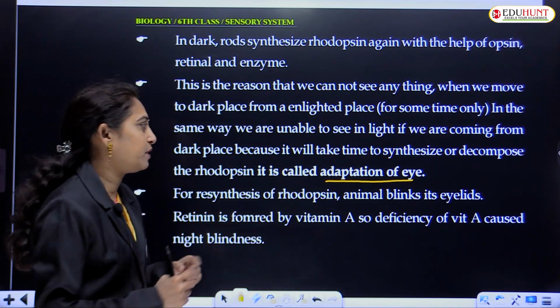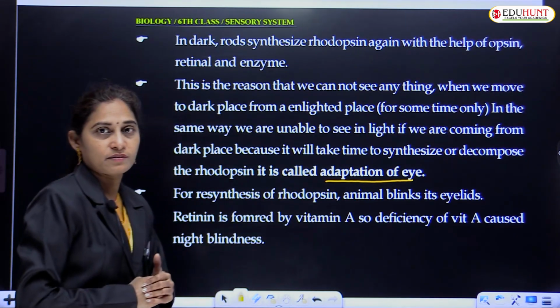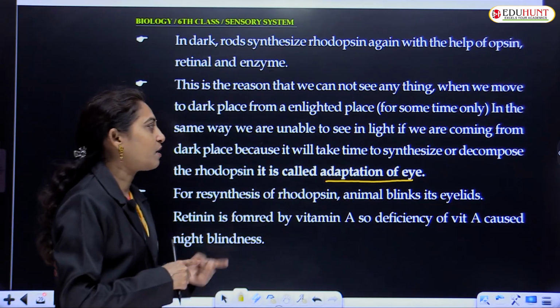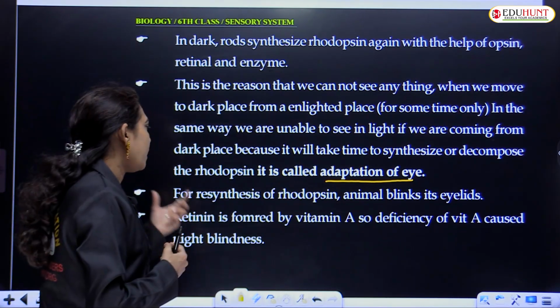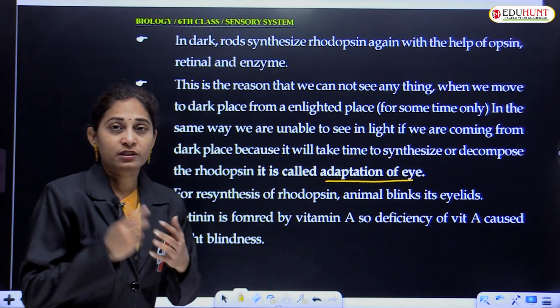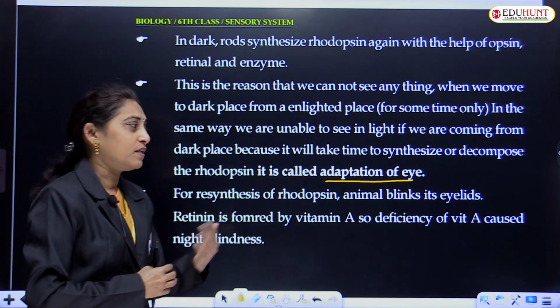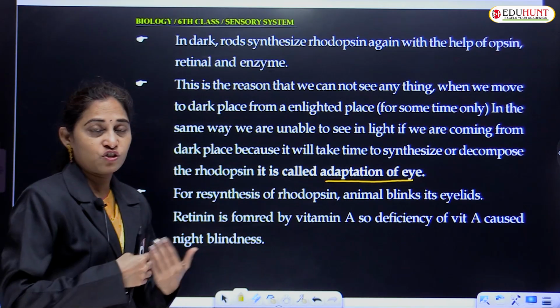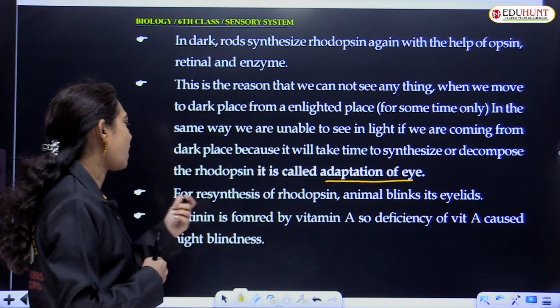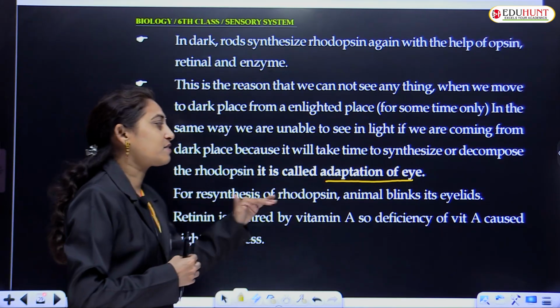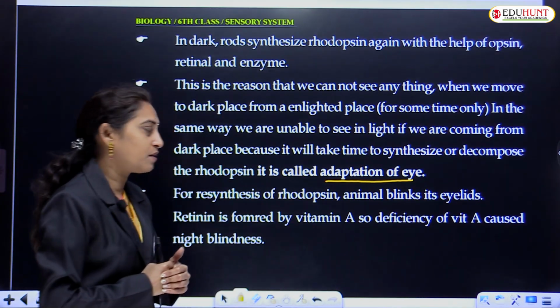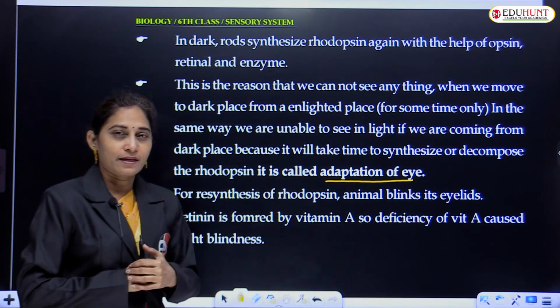This adjustment is called adaptation. The synthesis or breakdown of this rhodopsin depending on the light availability, this change is known as adaptation of eye. For resynthesis of rhodopsin, animals blink eyelids like this.